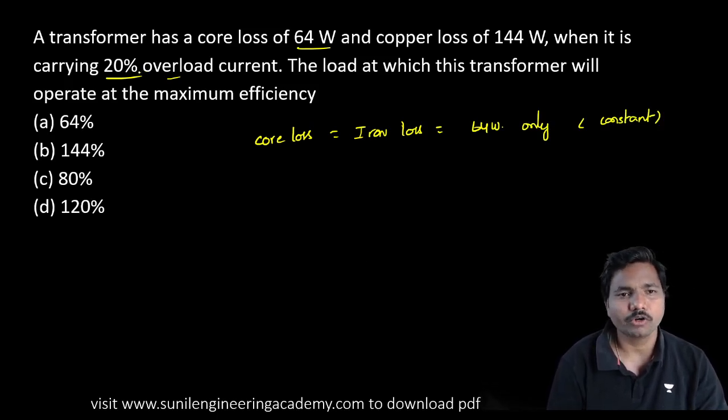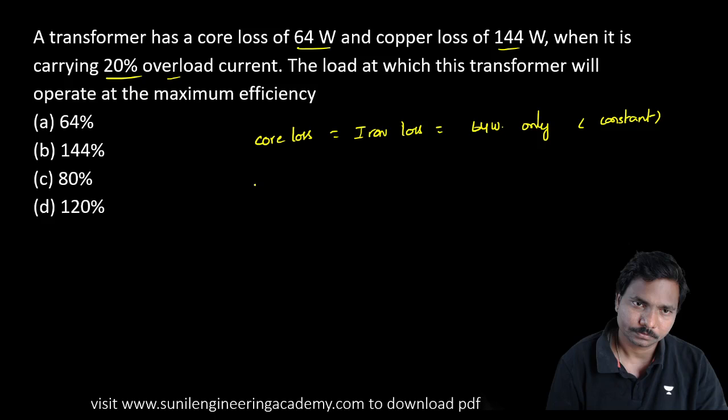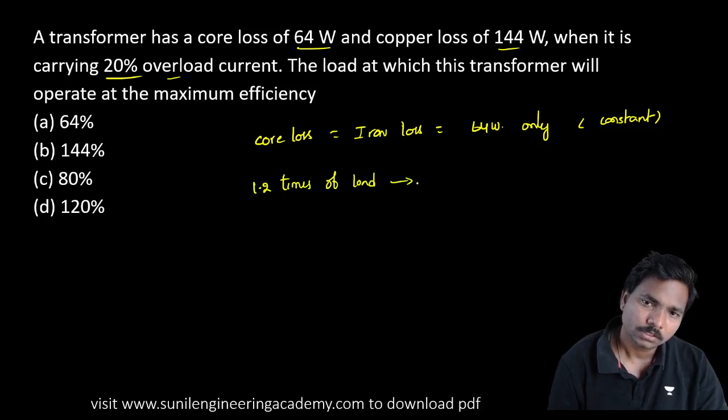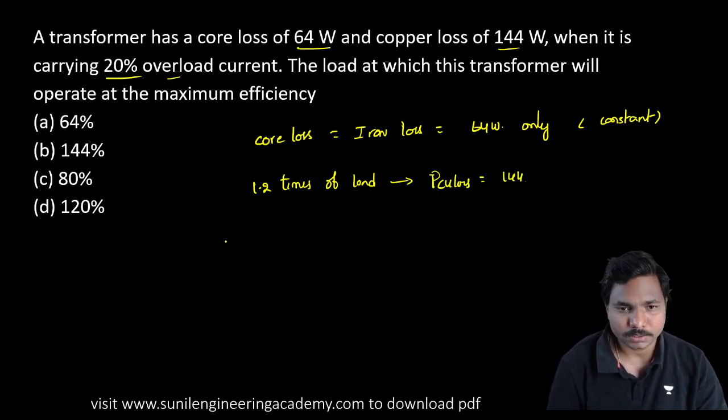And 20% overload means 1.2 times. So at 1.2 times of the load, the copper losses will be 144. Then what about the full load copper losses?